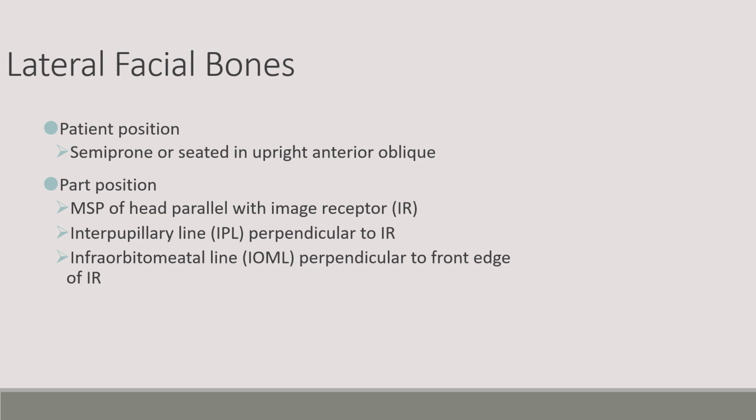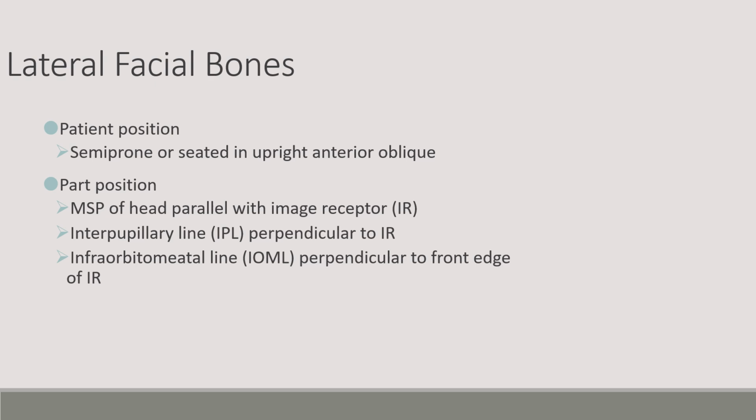All right, getting into our projections here. I'm going to talk about general patient considerations in the next slide, but for the lateral facial bones, we can do this seated, standing, or upright, and it's very much the same positioning as the lateral skull. You're going to find that the listening-in-at-the-door technique works very well.